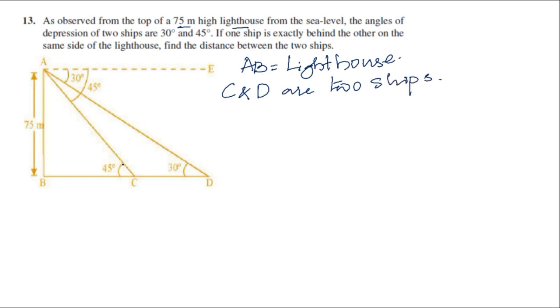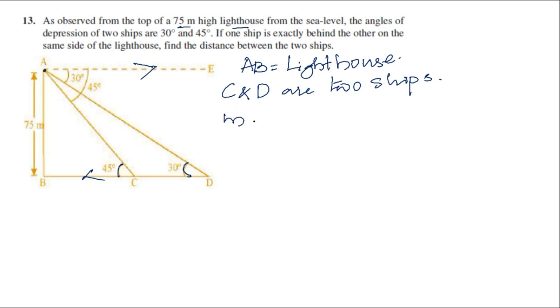Here, one of the ship is making an angle of elevation of the top as 45 degree because they have given angle of depression of one of the ship is 45 and another ship is 30. I am taking the angle of elevation equal to angle of depression. You can observe this line and this line, they are parallel to each other, so the alternate angles are equal.